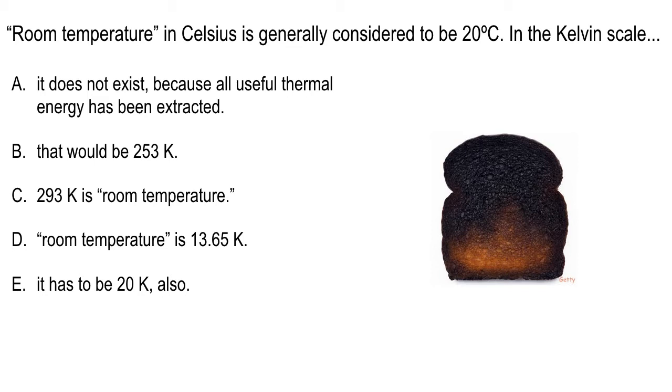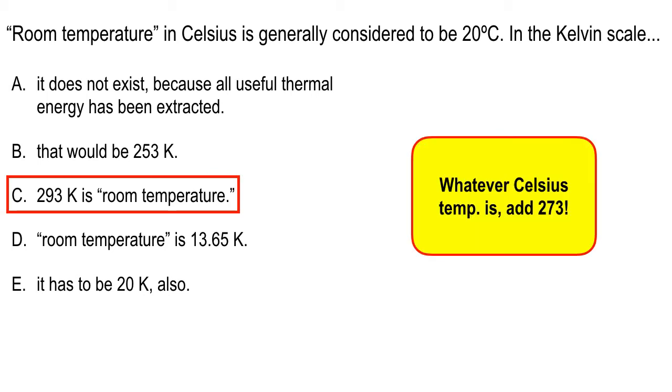Well, we have a lot of people absent today. But you guys did good. 82% of you got this answer correct. 293. So basically, whatever Celsius is, just add 273, and that's your Kelvin temperature.